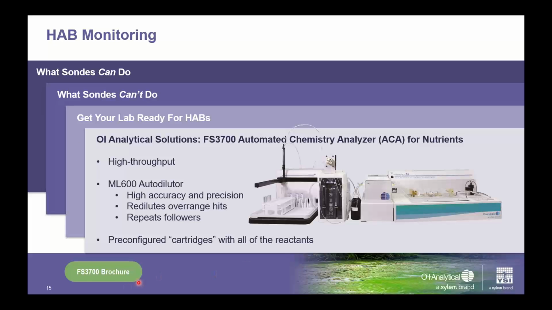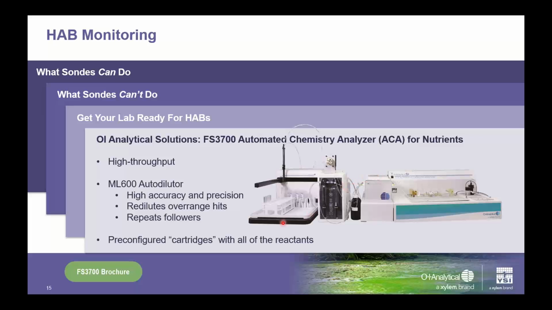One of those is the brochure for what is called our FS 3700 Automated Chemistry Analyzer Platform. You'll hear me call this the ACA in some cases. That is one of the platforms we're going to talk about today.